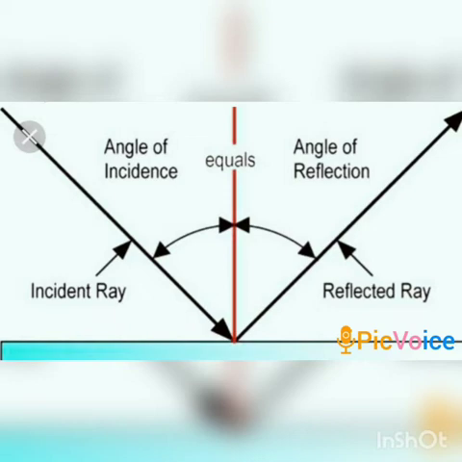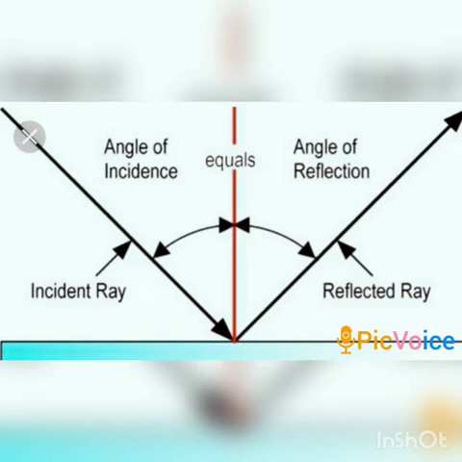Similarly, the angle between the normal and the reflected ray at the point of incidence is called the angle of reflection.